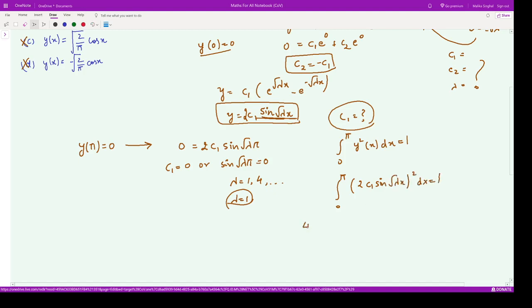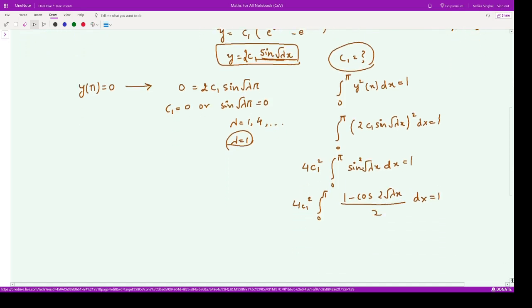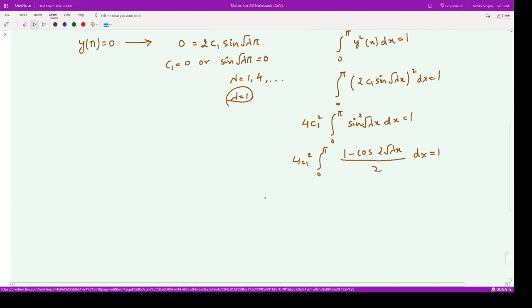So you have 4 c1 square times integration from 0 to pi of sine square of square root of lambda x dx is equivalent to 1. So let us just integrate it. You could write it as (1 minus cos 2 square root of lambda x) divided by 2 into dx is equivalent to 1. Separate the terms and integrate.